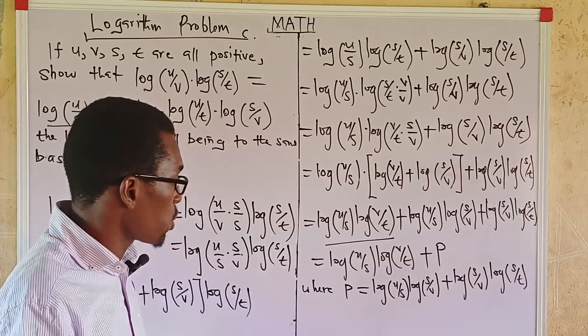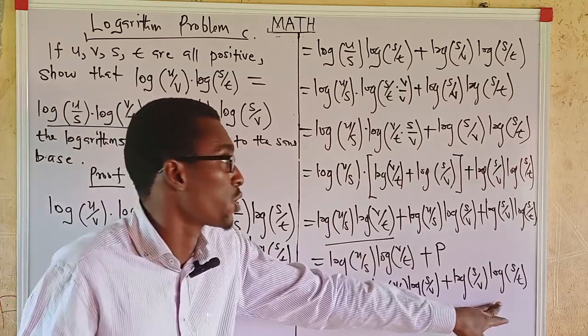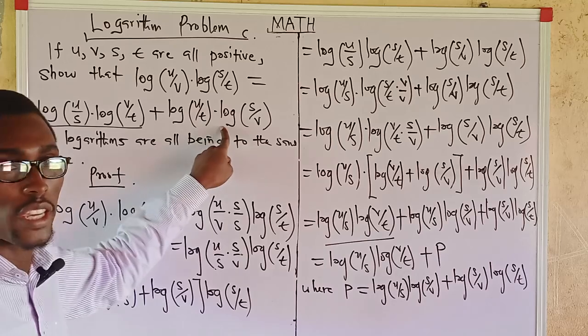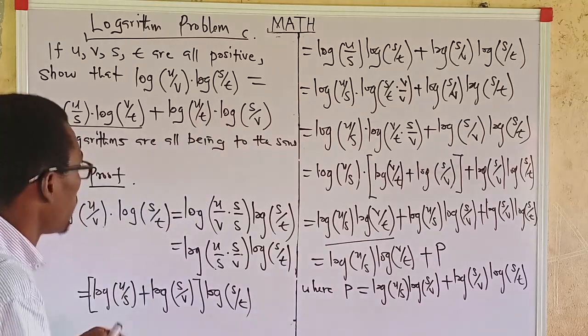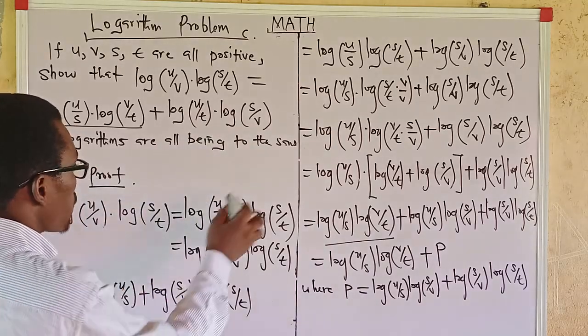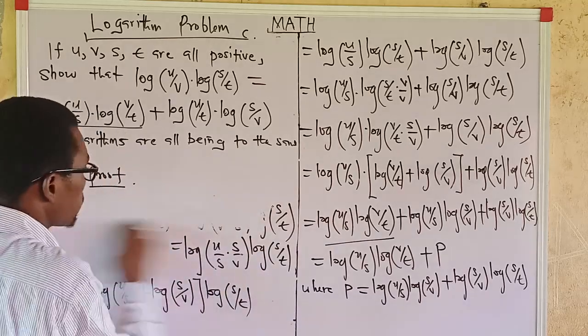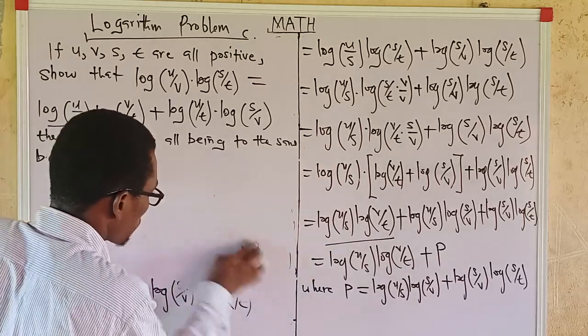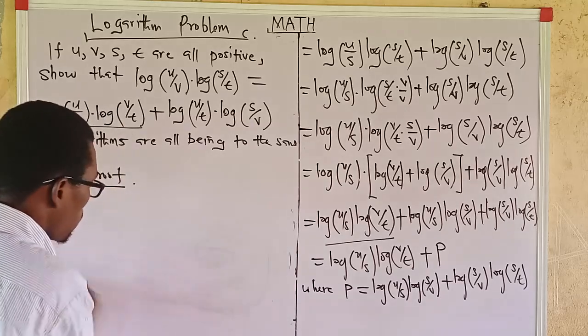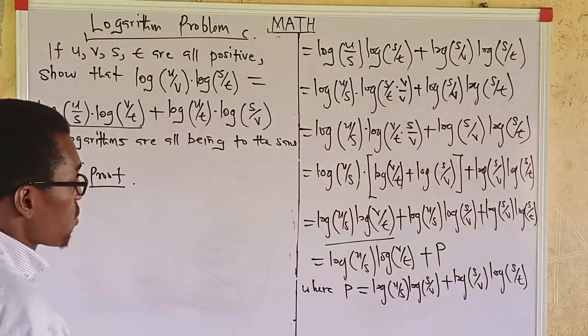So what we do now, we simplify this expression in order to get what you see here. So let's go there. For that, I will remove this from the board. All right, so we are good to go.